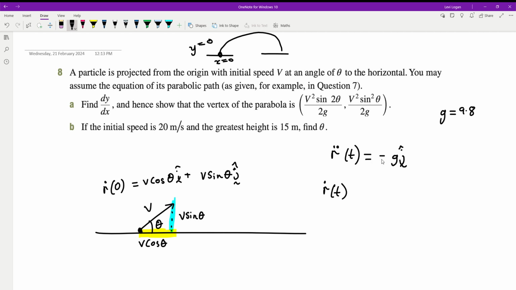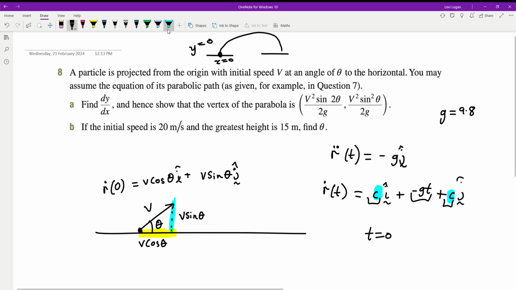Now to work out your velocity equation, you need to integrate each of the components. There is no x component there, so if you integrate that, you're just going to have a constant, constant i hat, plus integrating this with respect to time, you're going to have minus gt plus a constant. Now, these constants here are your initial velocity, because if you set t equal to 0, that term is going to be 0 and you'll just have that constant.